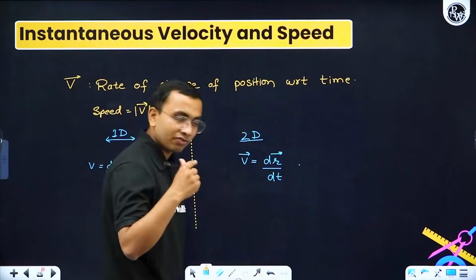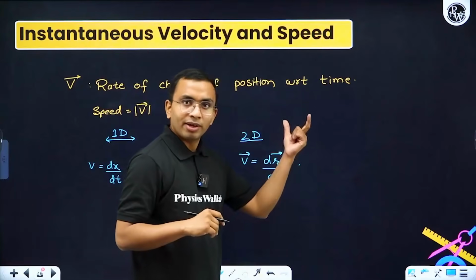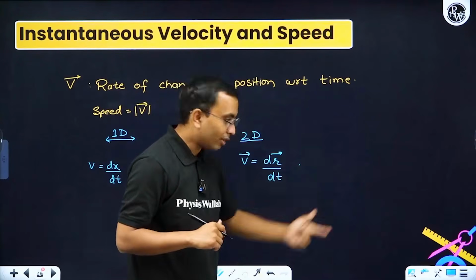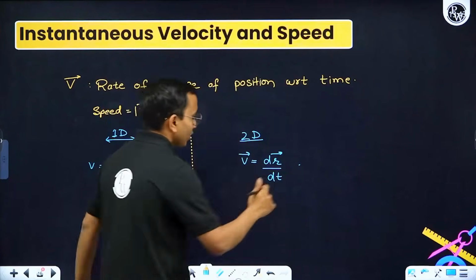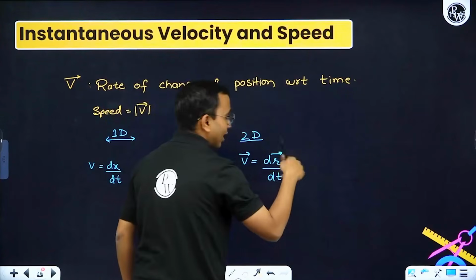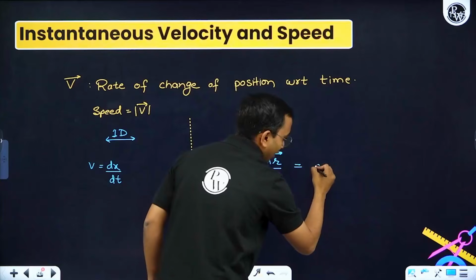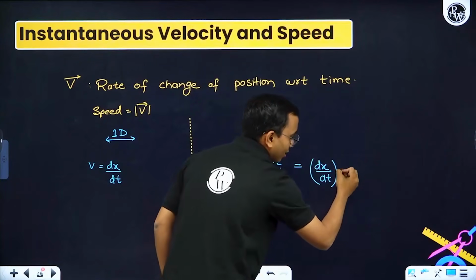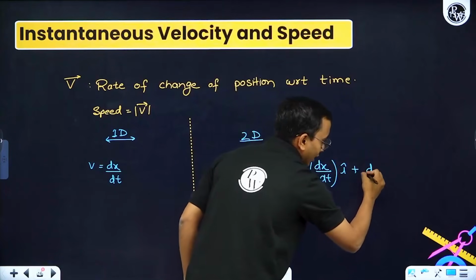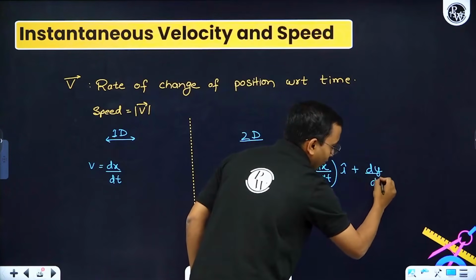And if you write position vector as x i cap plus y j cap plus z k cap, like in 2D you can take only x and y, so this will become dx by dt i cap plus dy by dt j cap.